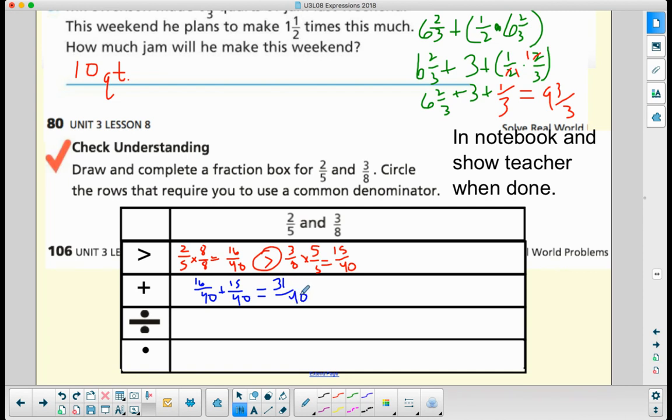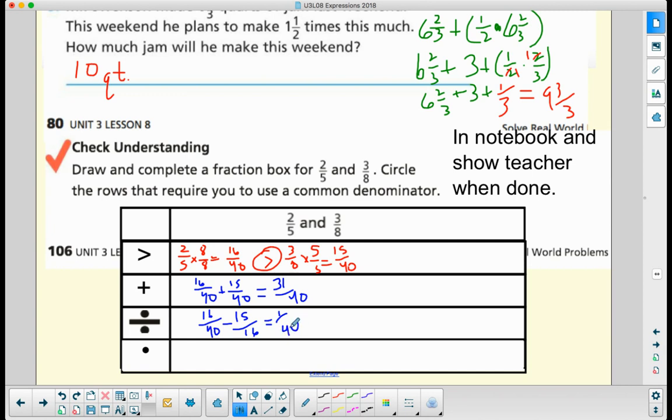For subtraction, I'm going to start with my greater one but use the common denominators. So I'm going to use the 16/40, and I'm subtracting 15/40. If I think of it as taking away, I had 16, I took away 15, I would have 1 left. Or if I'm thinking of it as a difference, the difference between 16/40 and 15/40 would be 1/40.